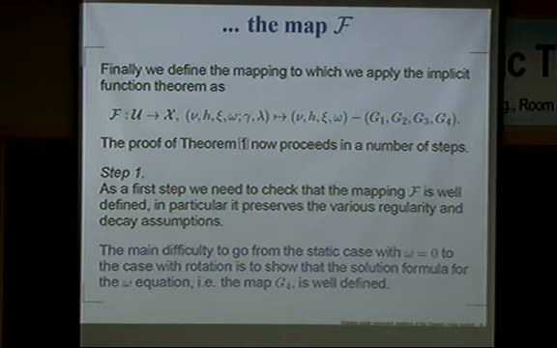And now the proof: when you have made this definition of f, the first thing is you have to check that this f is well defined. That is, if you now put in functions from this neighborhood U, will you end up in the space X?